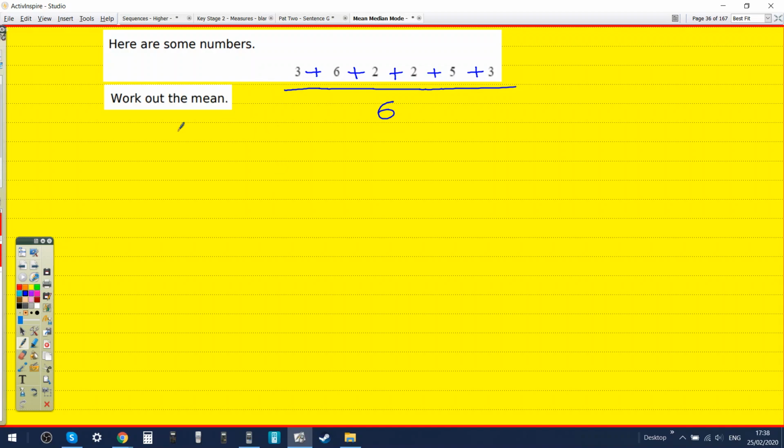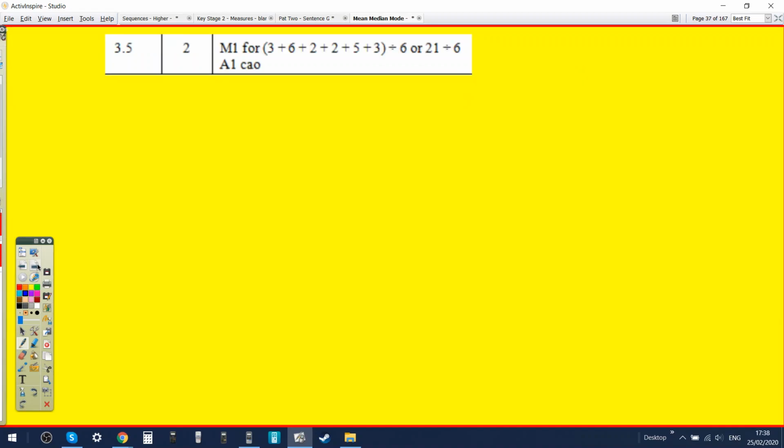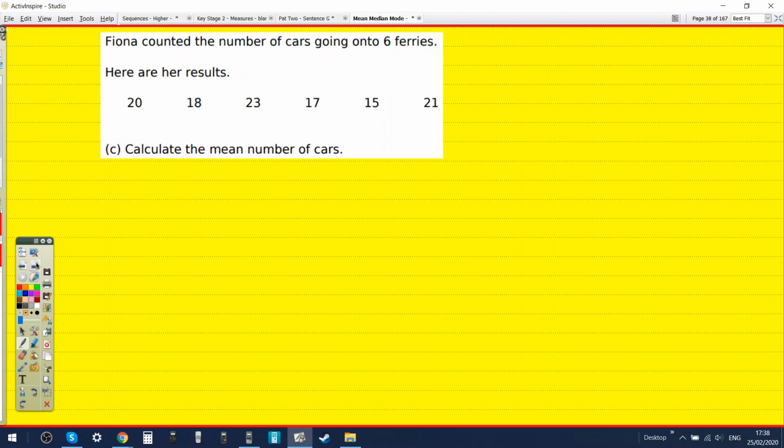That's 21, and then divide it by 6, which is 3.5. Well done. 3.5 is a 2 marker. Okay, how about this one?